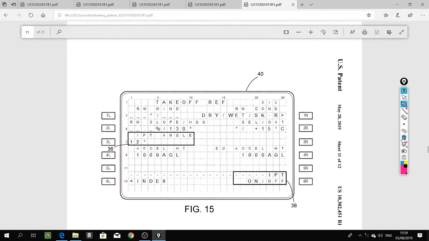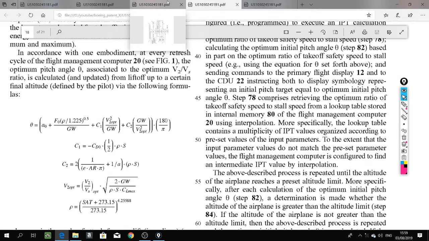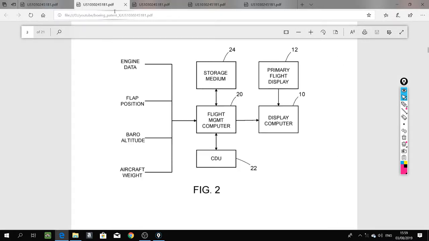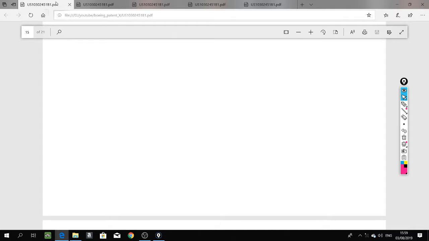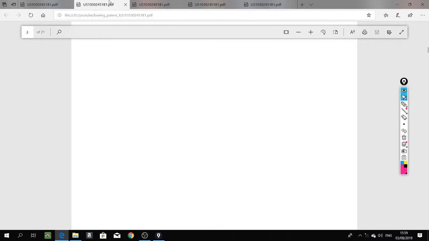It's all algorithmic based, and it's pretty interesting, right? I think I have covered the main heart and soul of this patent. Not everything is mentioned here because it's a lot of information, but I think you guys have understood how this whole system works.